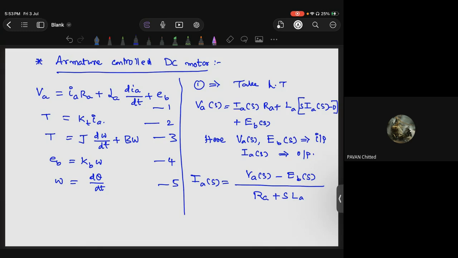Now I can write the block diagram for this part. VA and EB are the inputs, IA is the output. Inputs are VA of S and EB of S, output is IA of S. We add these two with a summing point, plus and minus, and this block will be 1 by RA plus S LA.